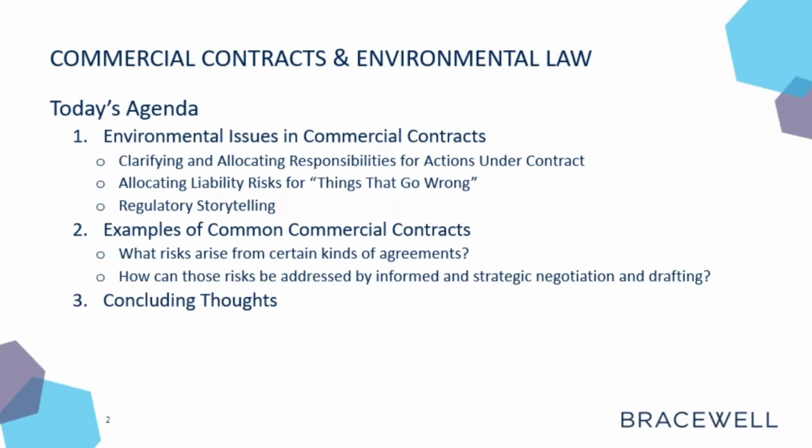And then we're going to look at a concept called regulatory storytelling. Tim's going to give you more information about that later. And there are all different kinds of commercial contracts, and we're going to look at examples of common ones to give you an idea of what it may look like to apply these principles to specific agreements. We're going to look at what risks may arise from those kinds of agreements and how we can address those by informed and strategic negotiation and drafting. And then we're going to hit you with some concluding thoughts.